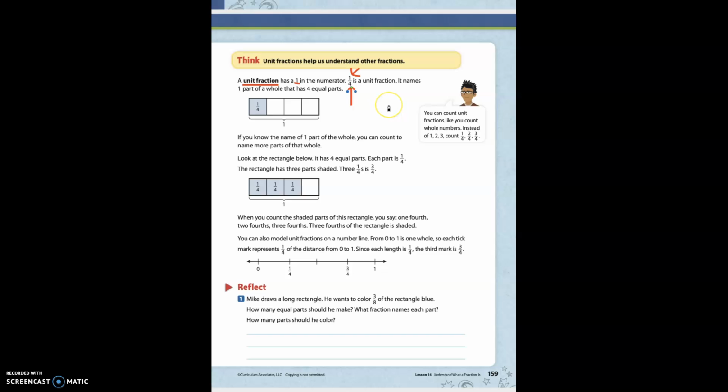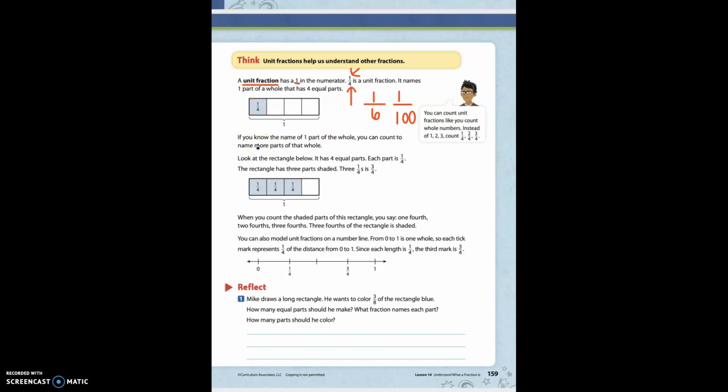There are other unit fractions. Any fraction can be a unit fraction if it has a 1 on top, like 1/6, or we could have 1/100th, right? So any of those could be unit fractions.